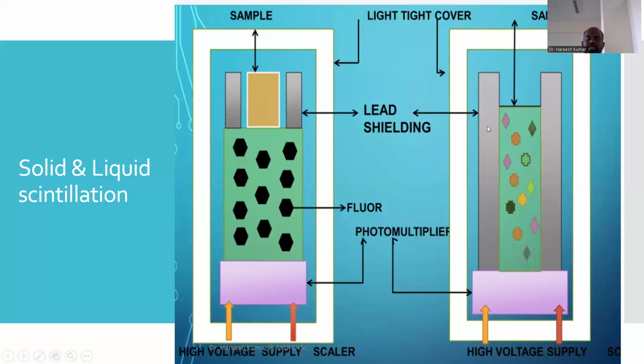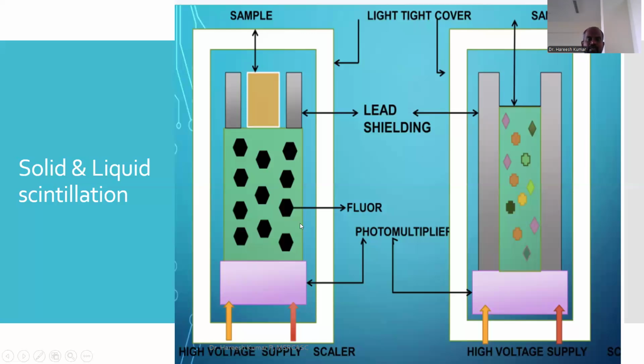Fluor undergoes excitation. When it comes back to the ground state, it emits photons. That photon is measured by the photomultiplier, and amplifier will count the pulse. This count is directly proportional to the radiations of the radioactive element.